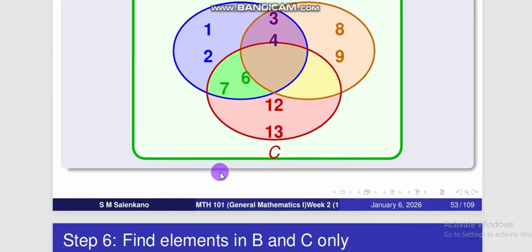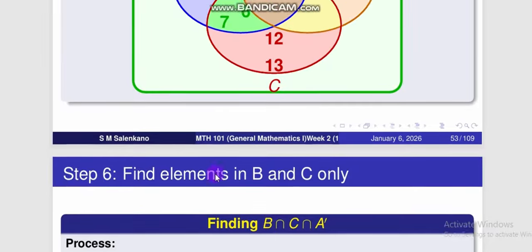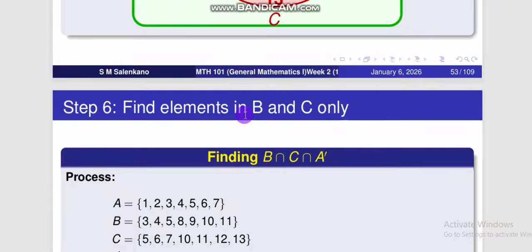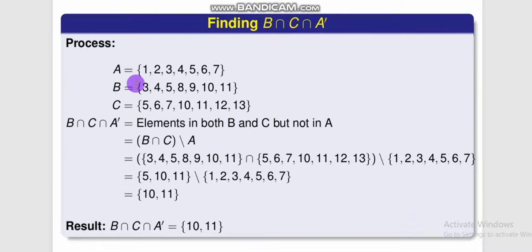Okay, moving on. Wow, we are making significant progress. Find elements in B and C only. So you are going to find B intersection C and then you subtract A from that. So again, these are your 3 sets.